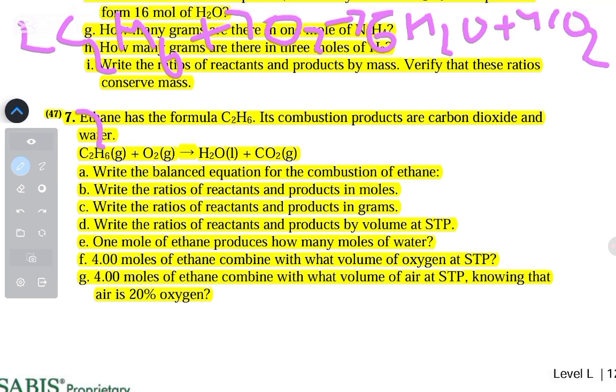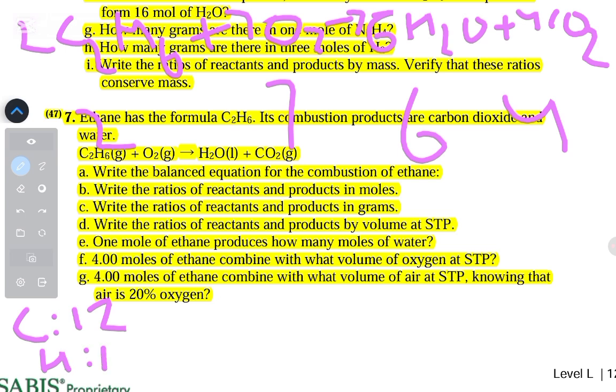Like I said, 2, 7, 6, 4. Ratios of reactants and products in grams. I'm going to write all of the values here. C is 12. Hydrogen is 1. Oxygen is 16. That's all we need.